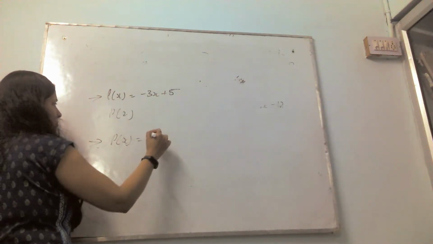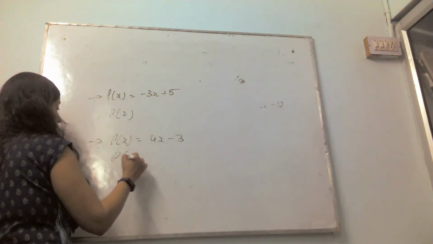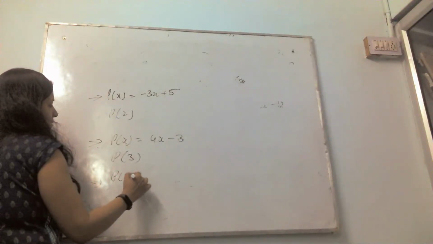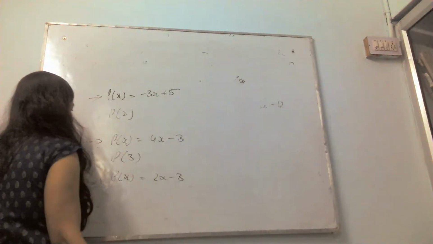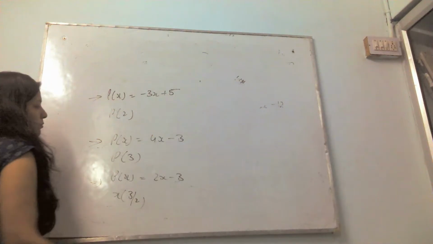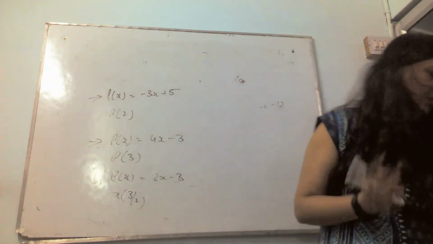P(x) equals 4x minus 3, p(3). P(x) equals 2x minus 3, x equals 3 by 2. You have to check whether it is a zero of the polynomial or not.